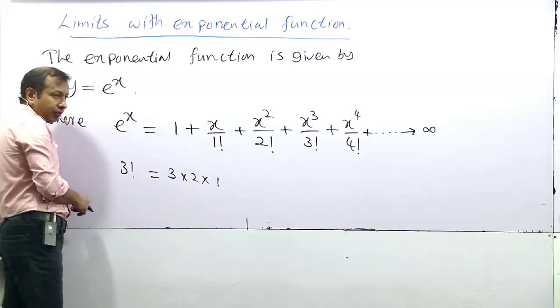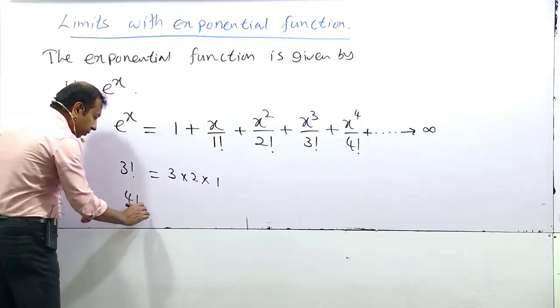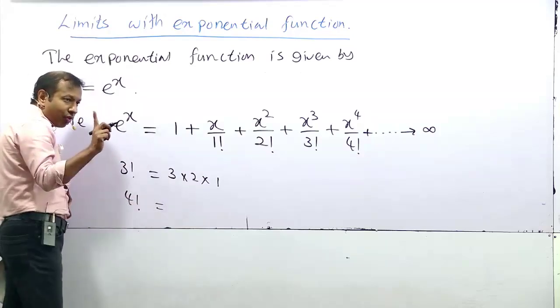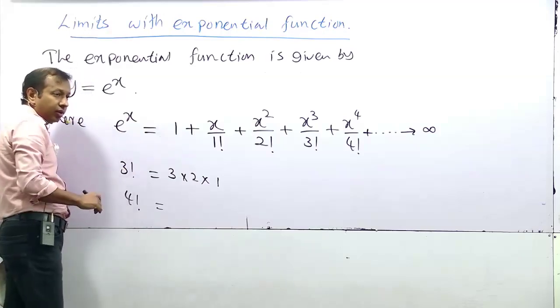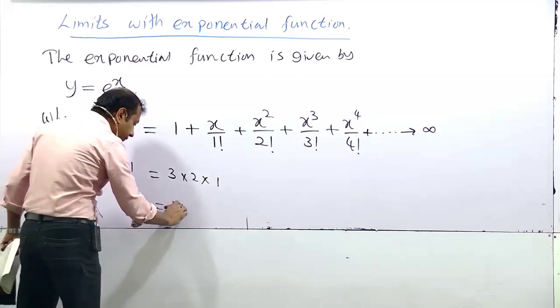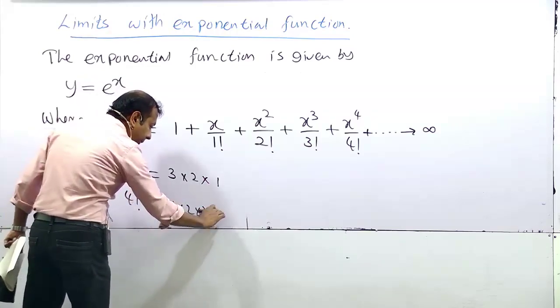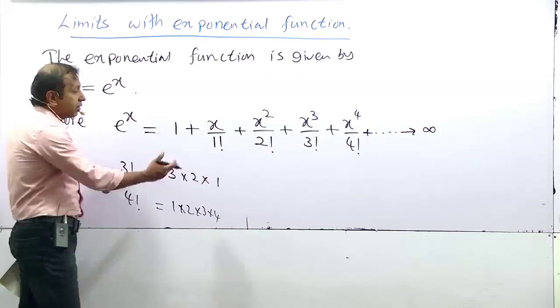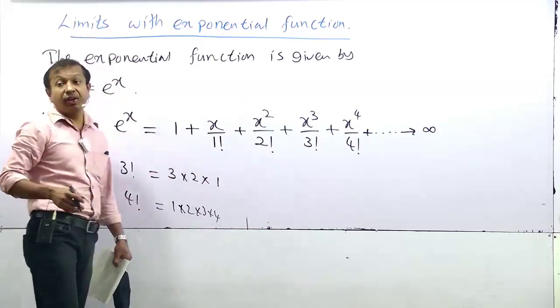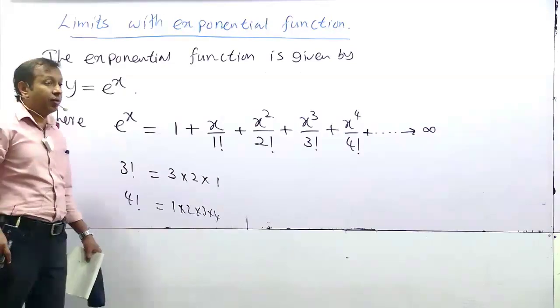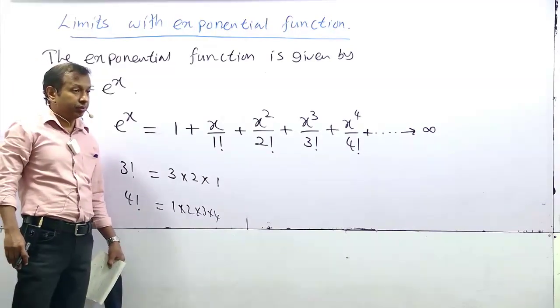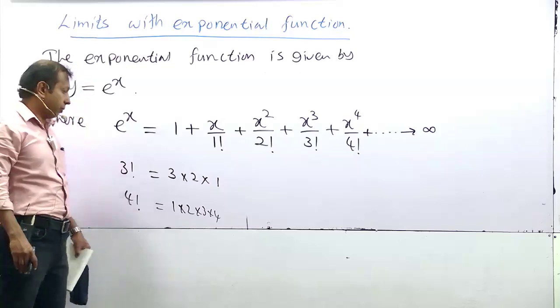That is 3 factorial. Similarly, 4 factorial: starting from 1, write all positive integers up to 4 and multiply. This function is called the exponential function. Understand? x is any real number. Write that also.